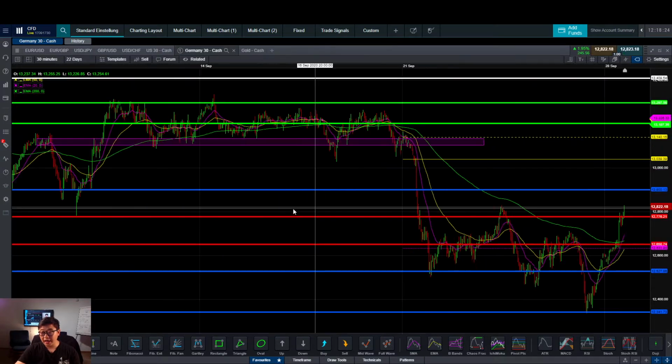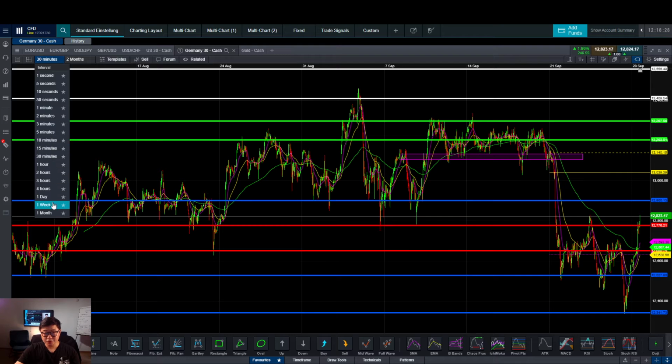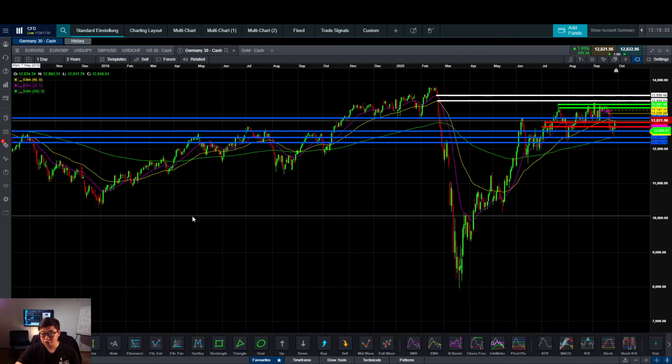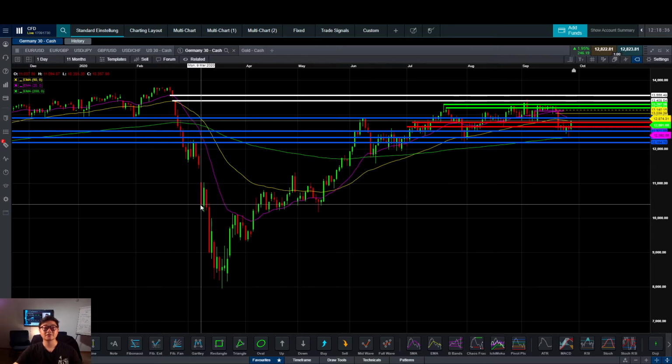So here we have the DAX, Germany 30. Let's get into the day chart, where each bar, if you zoom in, represents 1 day.